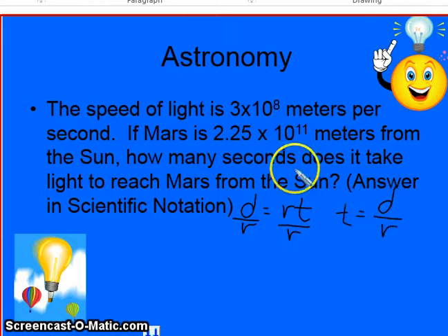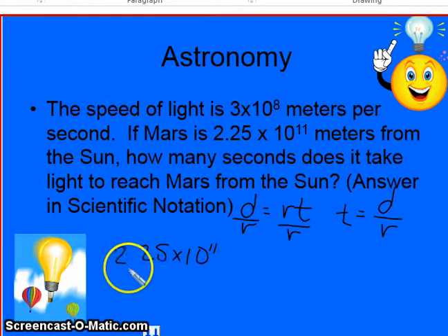We know the distance from Mars to the Sun is 2.25 times 10 to the 11th meters. And we want to divide that by the rate at which light travels, which is 3 times 10 to the 8th meters per second. All right, so we need to find out 2.25 divided by 3.